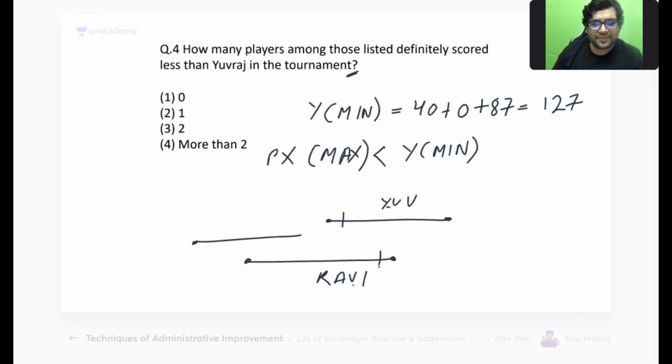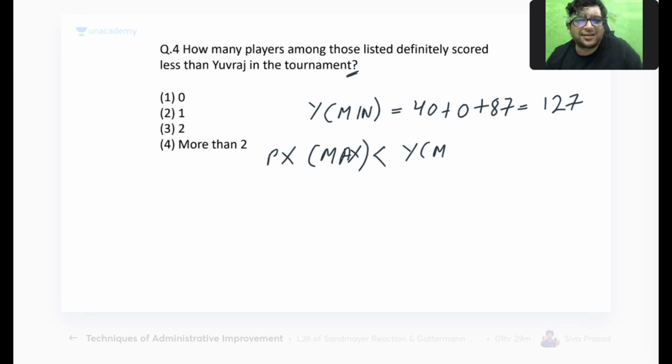That is possible for, let's say, Ashutosh. If the maximum of Ashutosh is less than the minimum of Yuvraj, then you can guarantee that this condition will be met, that he definitely scored less than Yuvraj. So now you check the maximum for each one of them.